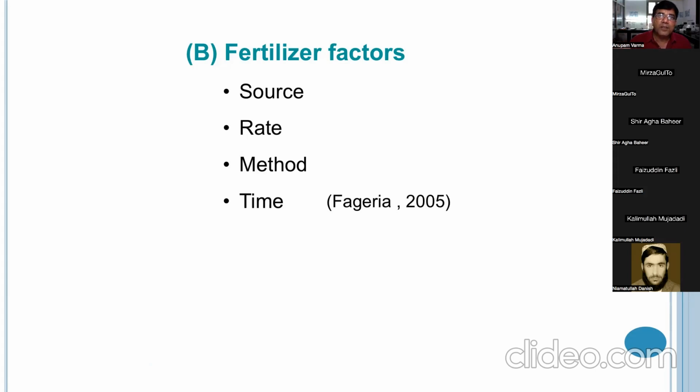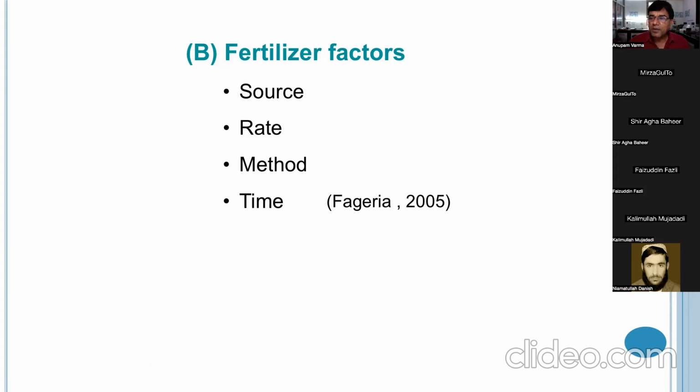Similarly, you have zinc oxide and zinc sulfate. Zinc sulfate is better to supply zinc because it can easily break down into zinc and sulfate, and the crop can take up zinc very easily. Zinc oxide is insoluble in water. Zinc sulfate is soluble in water, so it is easily available to the plant.